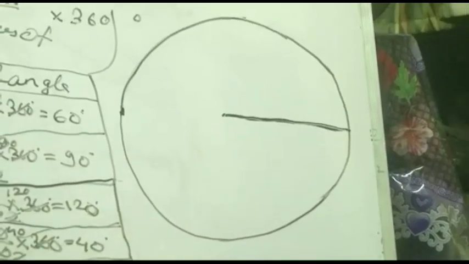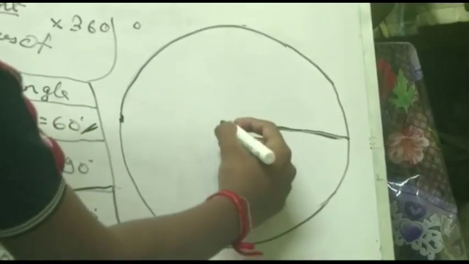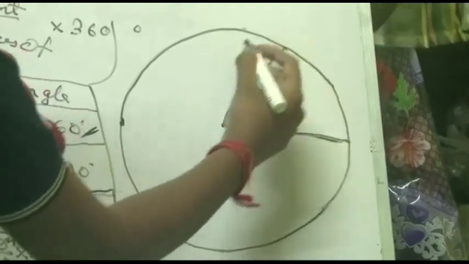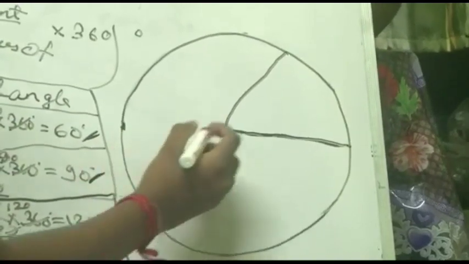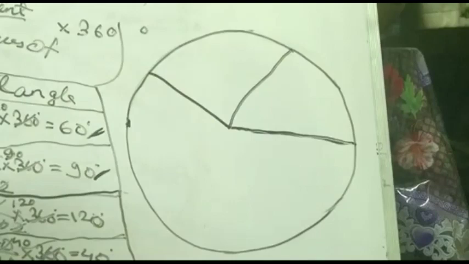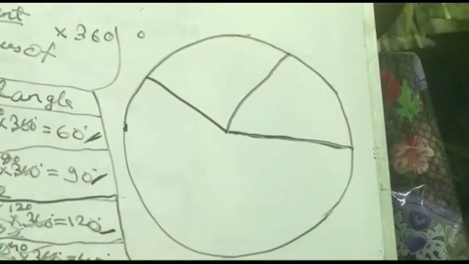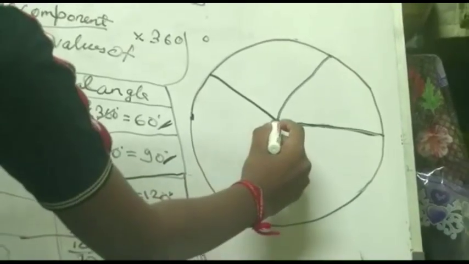Then we have to draw 60 degree. Then we have to draw 90 degree. Then we have to draw the third angle, 120 degree.